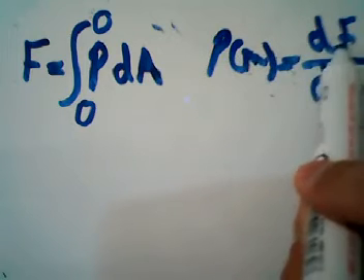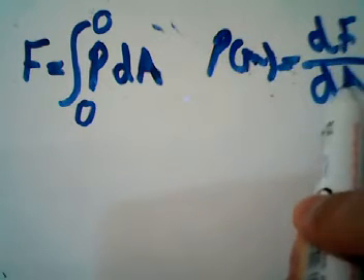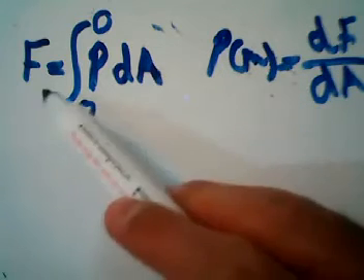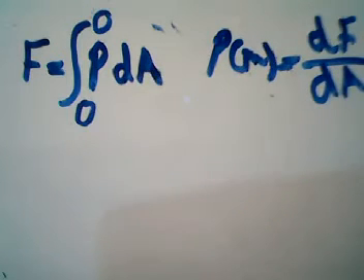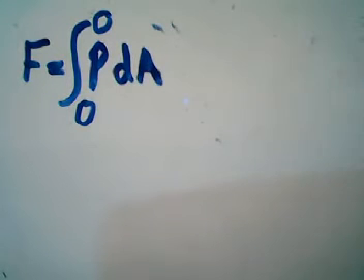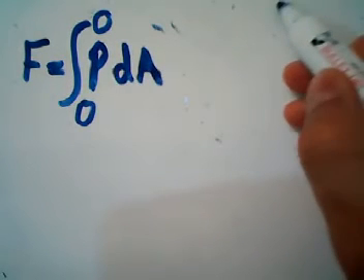P would be equal to the derivative of F with respect to A, so F is an antiderivative of P, so F would be this, from something to something. Let's have an example on that.